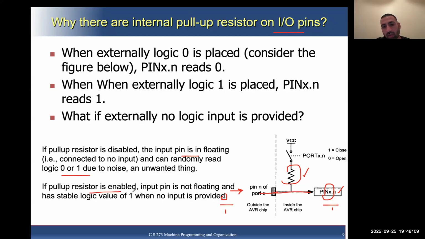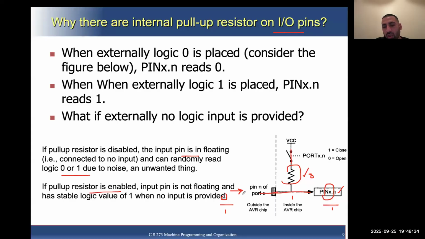If we enable it, this connection will be made. Even if we don't provide any input, we will have VCC connected through this resistor, and we will have a voltage here, right? This is a resistor of a relatively low value, something like 5 to 20 ohm, so by default we have logic 1.